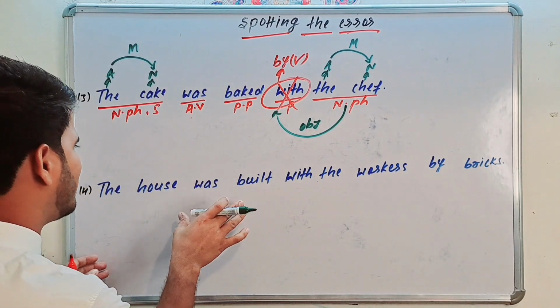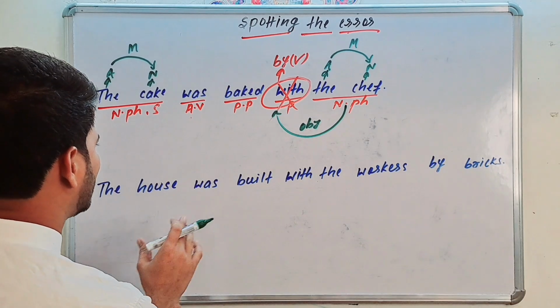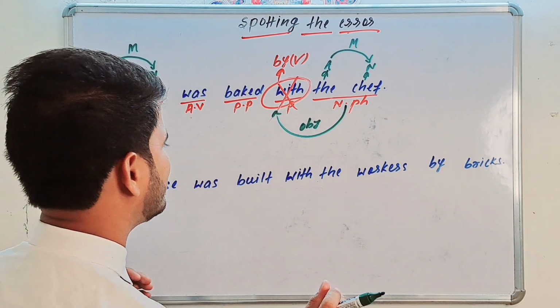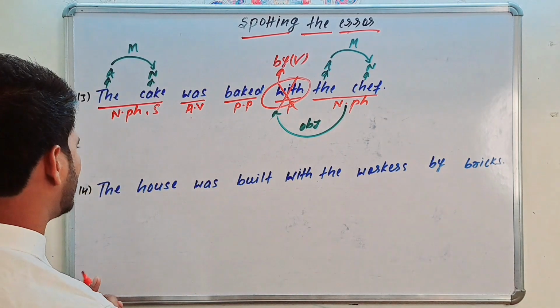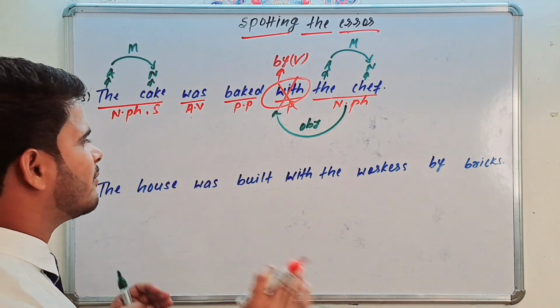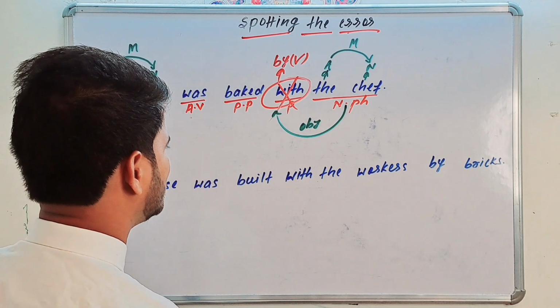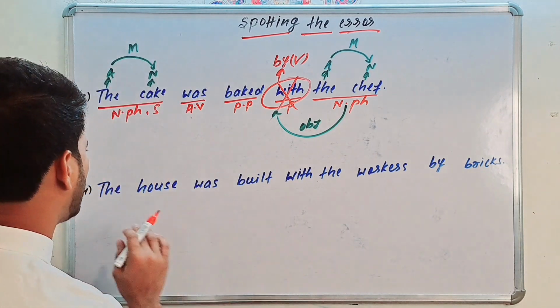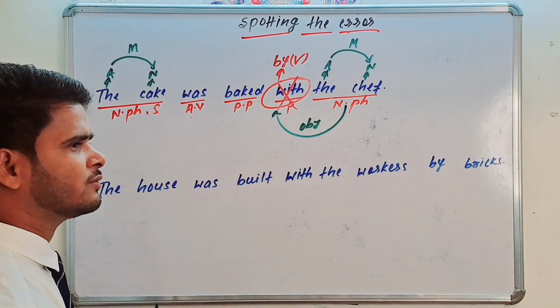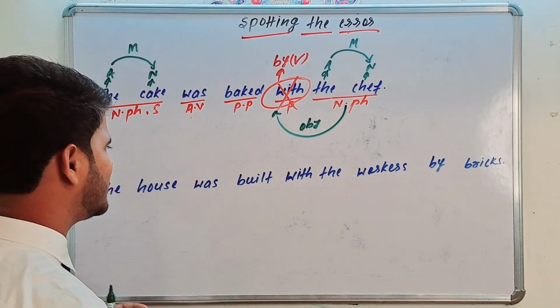And as for the error part in the fourth example, the house was built with the workers by bricks. It is very easy to spot the error part by knowing the rule, by knowing the use of some prepositions, and by knowing the golden rule. And for that you have to watch my old video that I created.